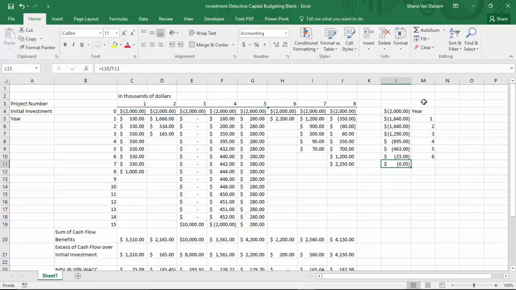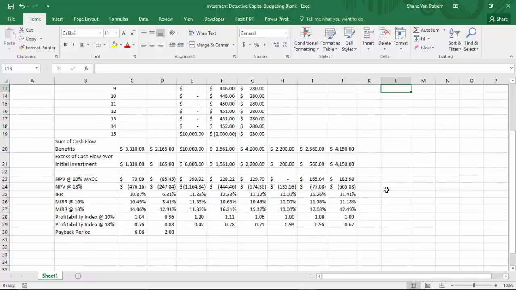And remember, I got this by dividing the remaining amount, the 23,000, by the amount the next year in year 7, 442,000. So we have 6.05 years as our payback period for this one.